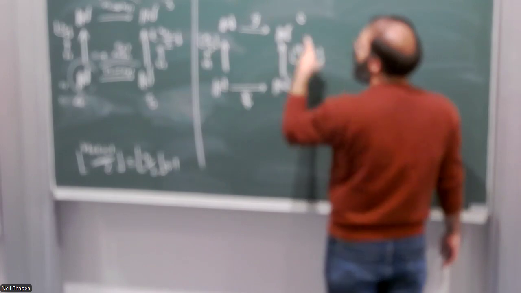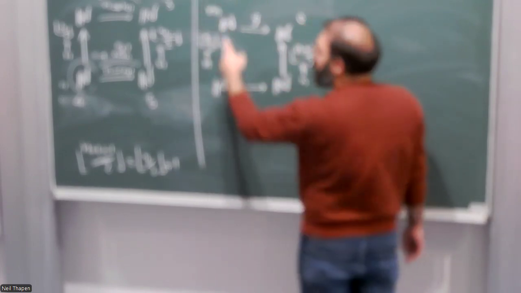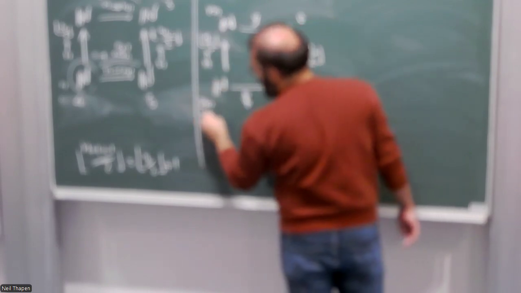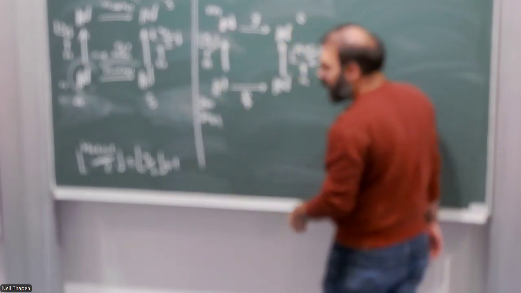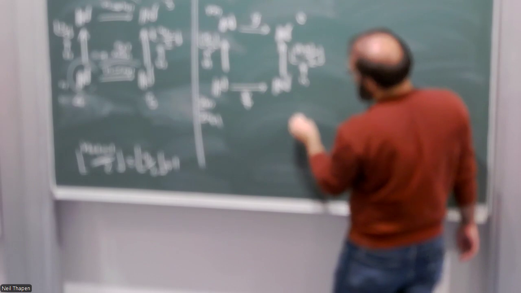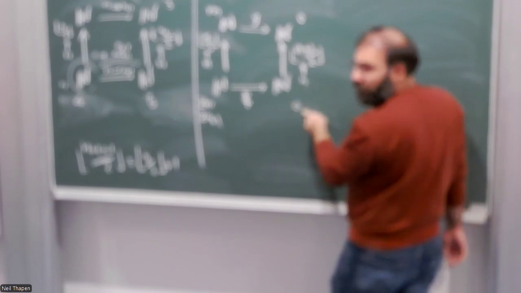Because it is an isomorphism, then 0 is covered by exactly one element, which is m, right? And m comes from 2m and 2m plus 1, two different things. But 0 here comes from simply 0 and not 1, right? It is unique.